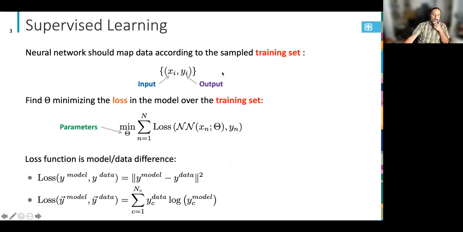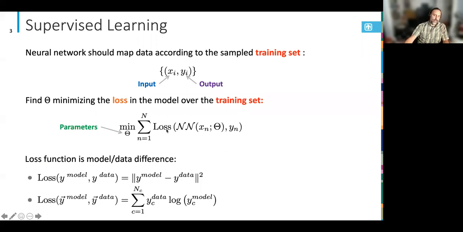So in supervised learning, we have input and output. We want to learn this mapping from input to output, xi to yi. The way we do this is by finding the parameters for our neural network that minimize the loss over this training set.